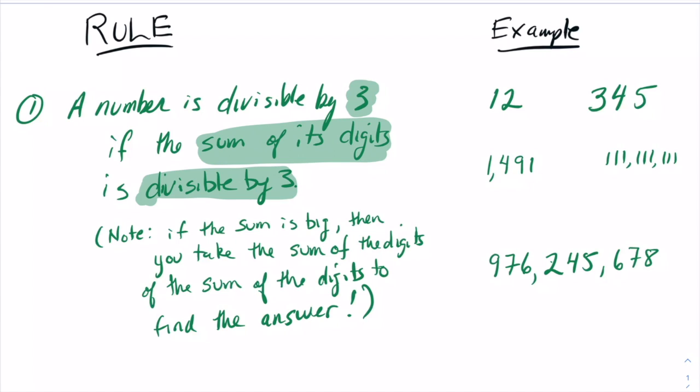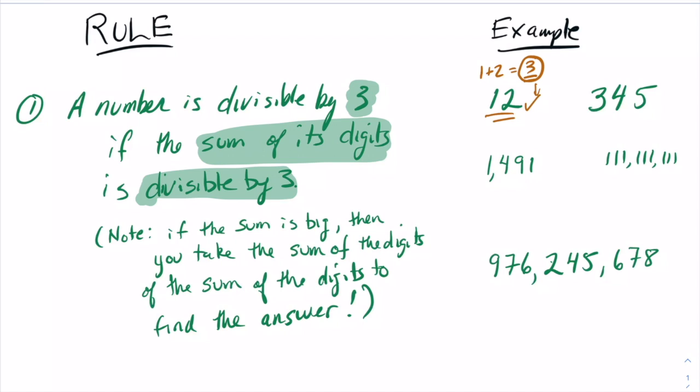Well, the number 12 is divisible by 3 because I can add the sum of its digits. 1 plus 2, the sum means addition, equals 3. So if the sum of the digits is divisible by 3, then the number is divisible by 3. So 12 is divisible by 3 because 3 is divisible by 3.